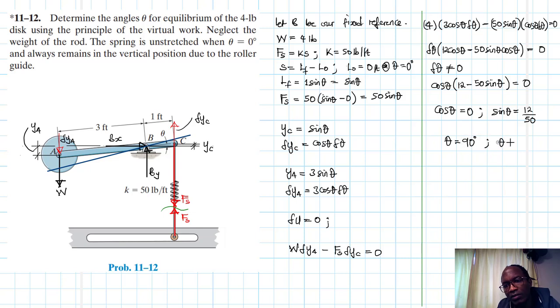In the other case we have theta equal to sine inverse of 12 divided by 50, which gives us 13.89 degrees. Okay, so I think that is about it. We have found the solutions to this particular problem.